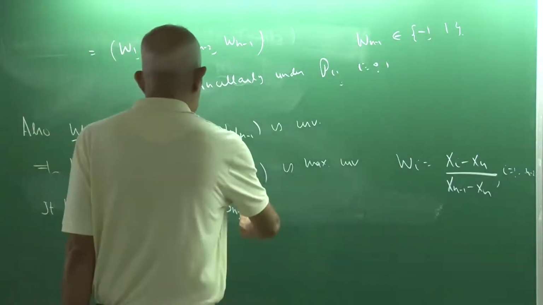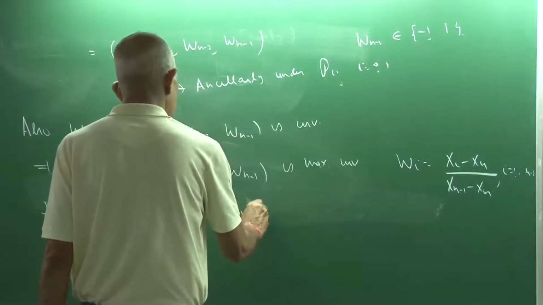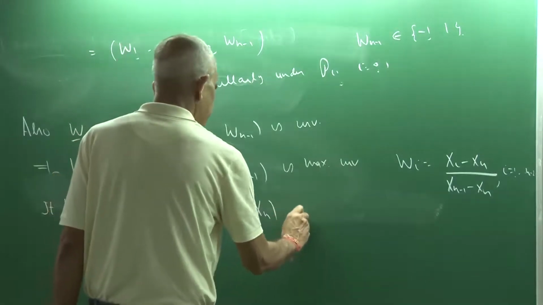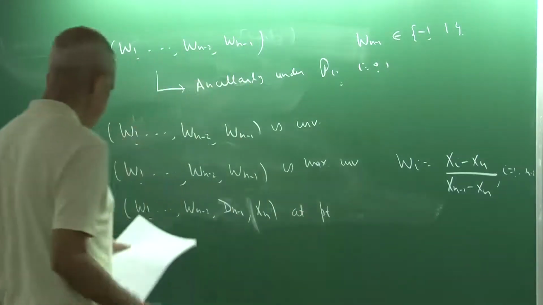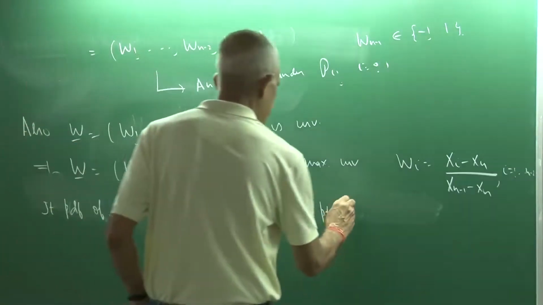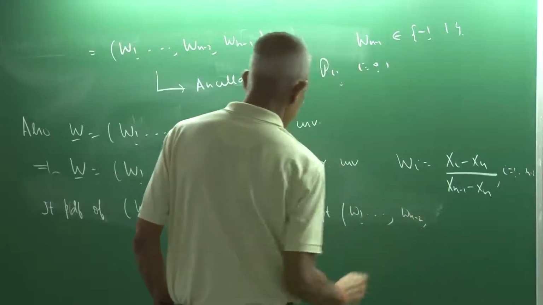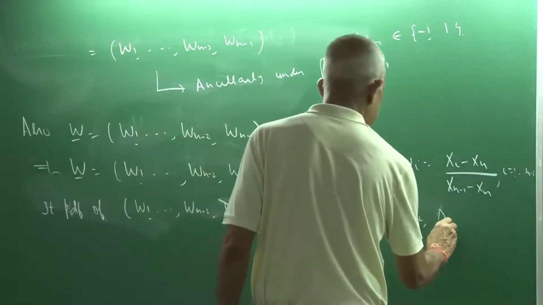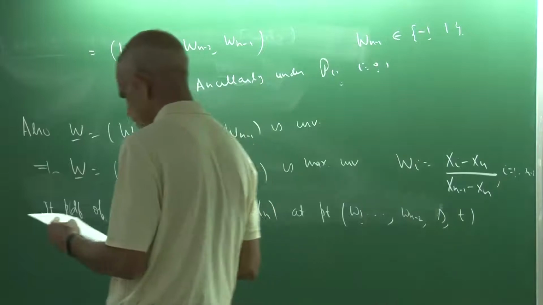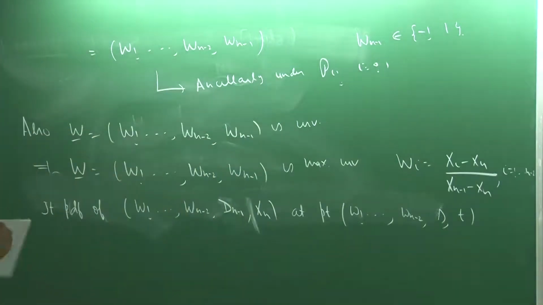So I first write down xn also, at the point, let us say, W1, ..., Wn minus 2, s, dn minus 1 as s, and xn as t. So let us look at what that PDF is.